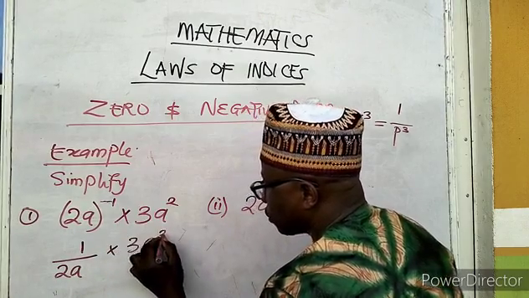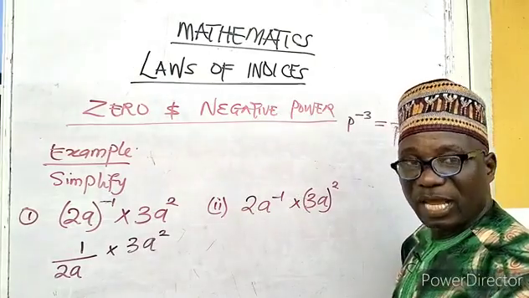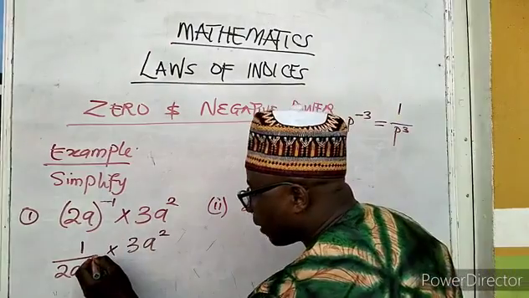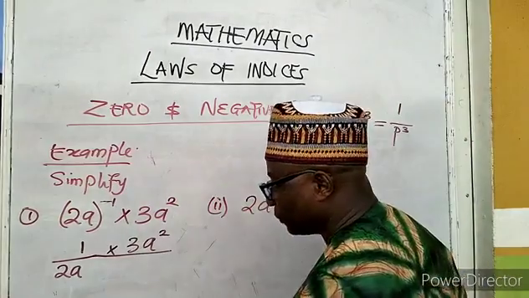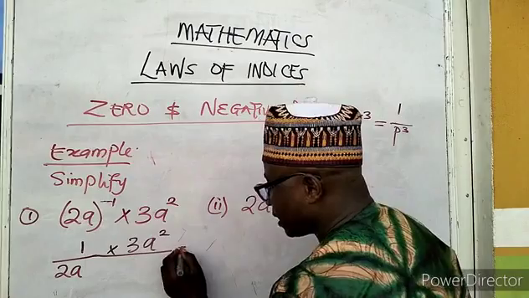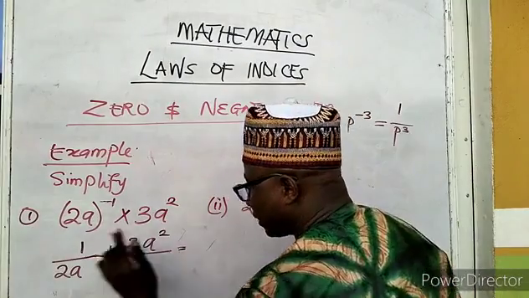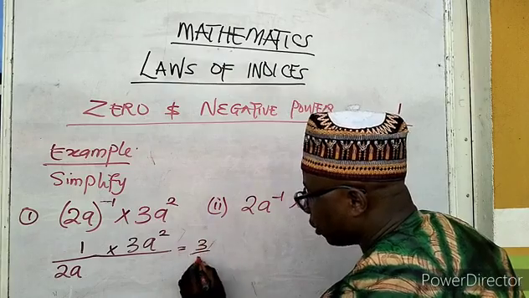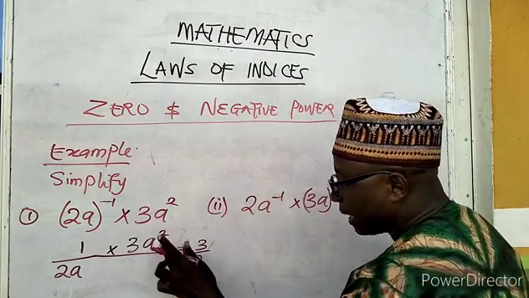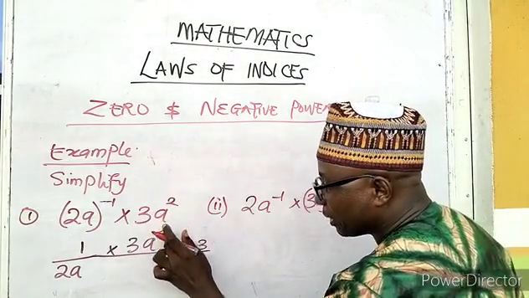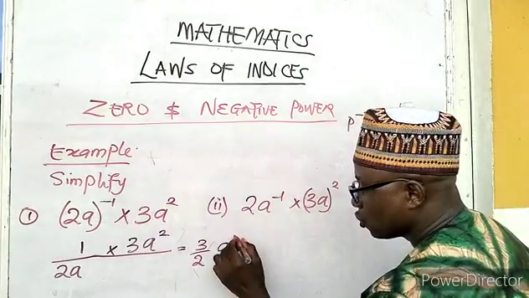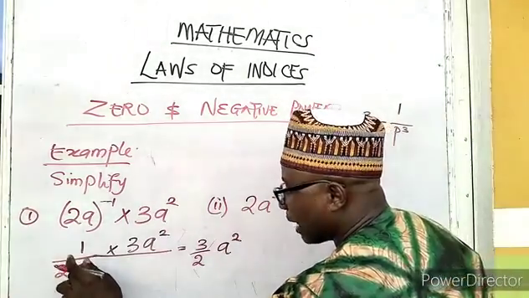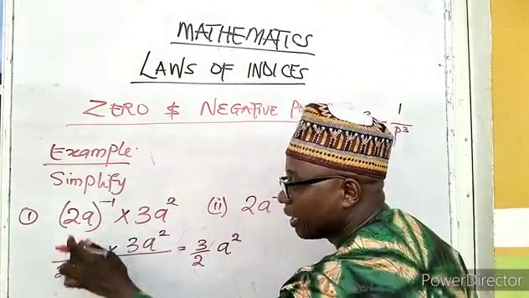So this is the last simple one, 3a squared. Class, this one is very interesting. Let's go. This one is something as 1 times 3, that is 3 all over 2, so a raised to the power of something here. I told you when they write something like this, they call anything raised to the power of 1.